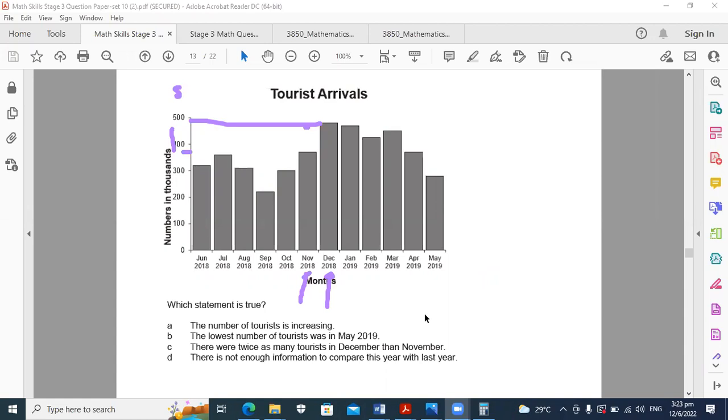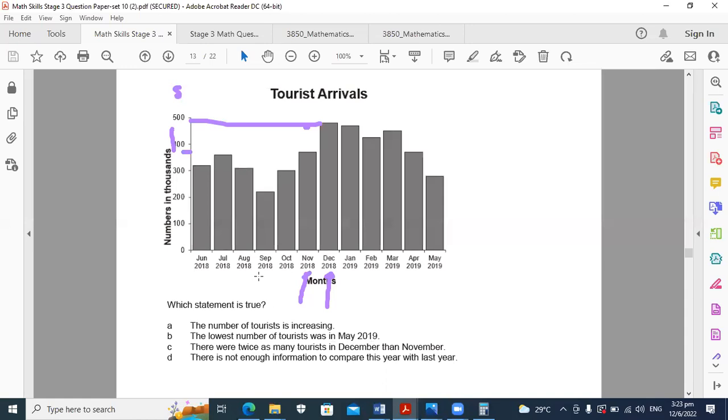It will have to be D because there's not enough information, because everything seems to be wrong. You can't say the number of tourists is increasing because it goes up, then down, then up, then down. So it wouldn't be A. It said the lowest number of tourists was in May 2019, which is incorrect.